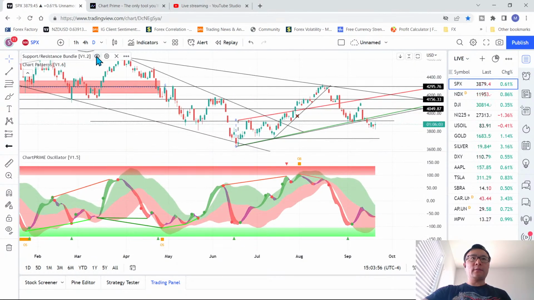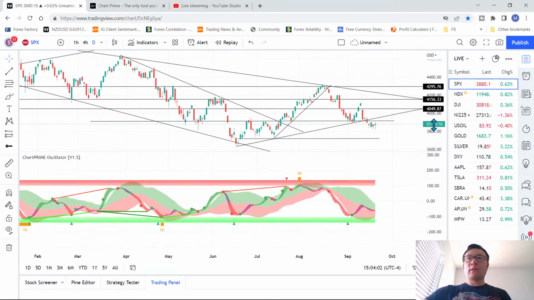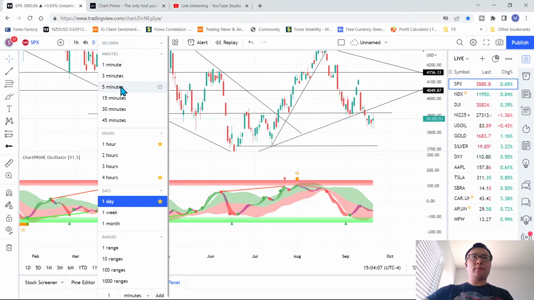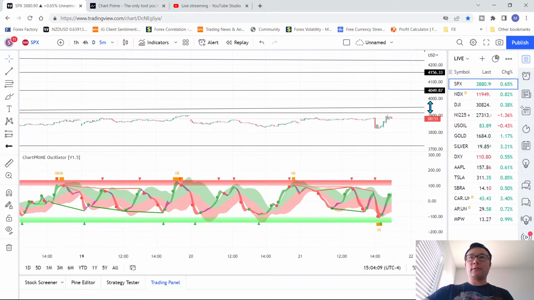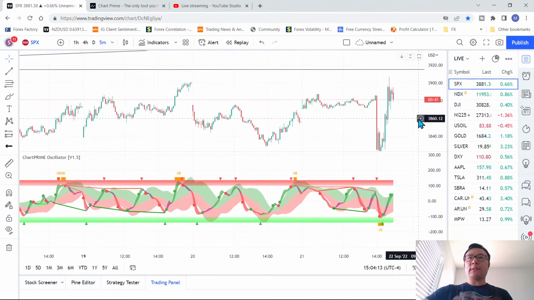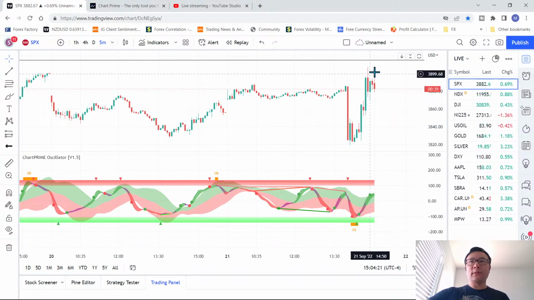Let me remove some of these things first. So the S&P, let's go right to the 5-minute chart. You can see it's a pretty volatile day. Since the Fed announced their decision, the market basically just dropped, and now you can see that the market is trying to climb back up.